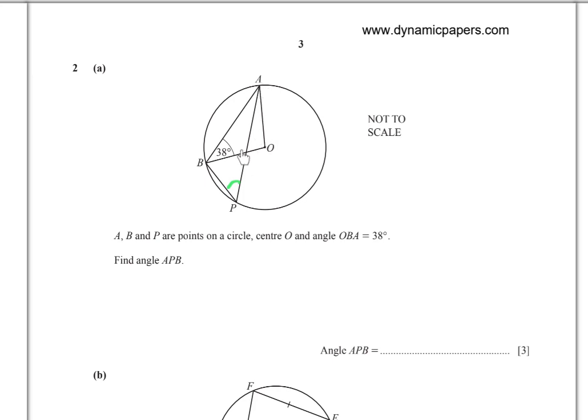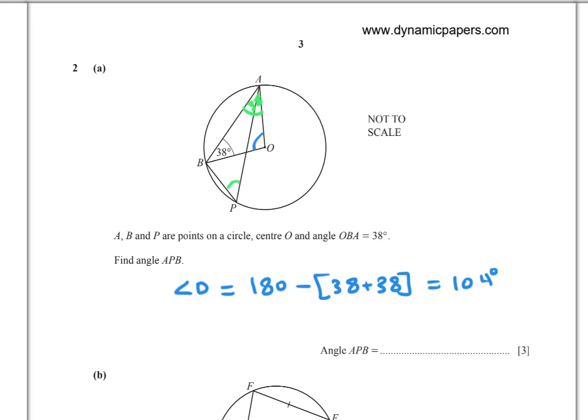Triangle AOB is isosceles, because radius and radius. So this angle is 38, and angle O equals 180 minus (38 plus 38) equals 104 degrees. So angle O is 104 degrees.